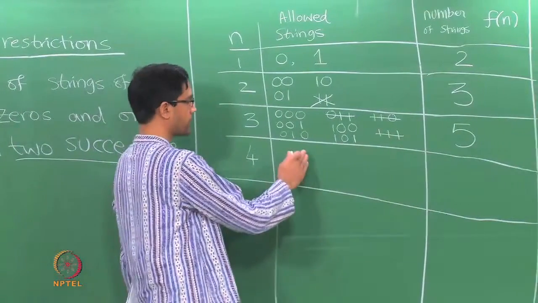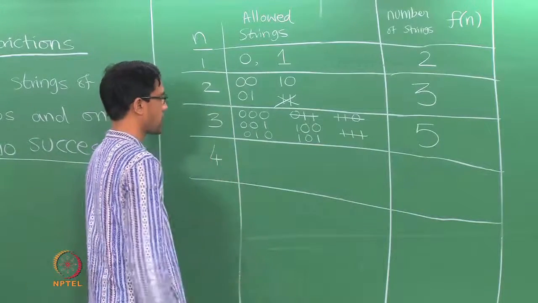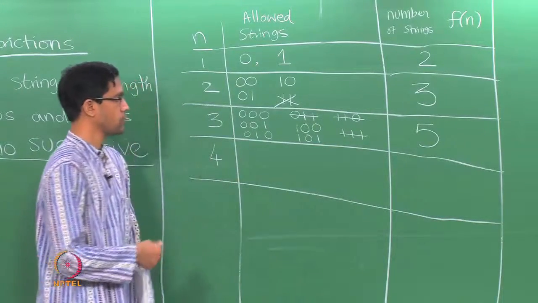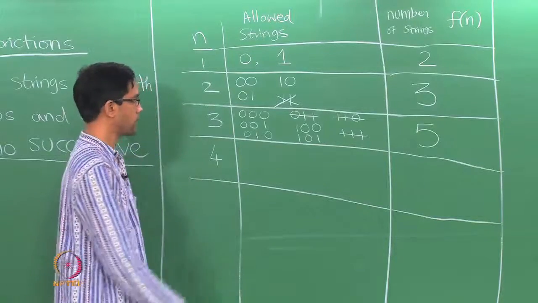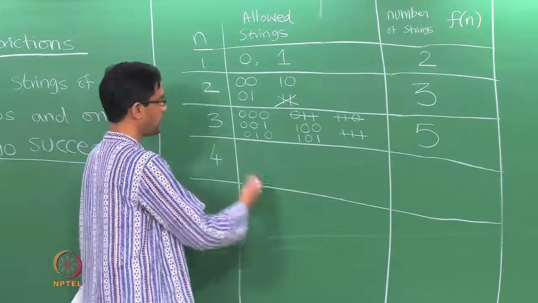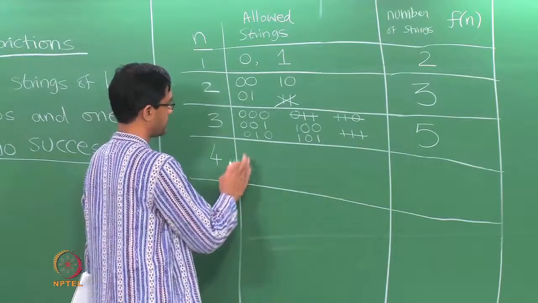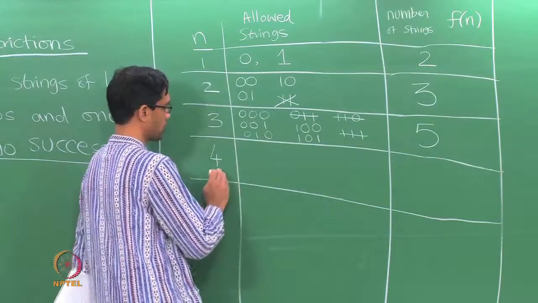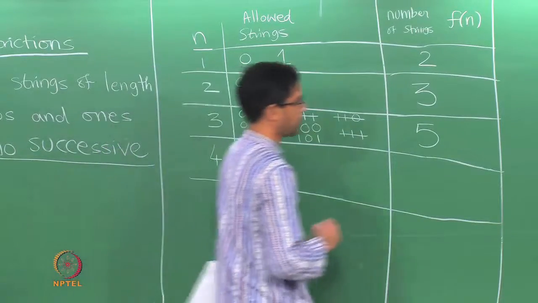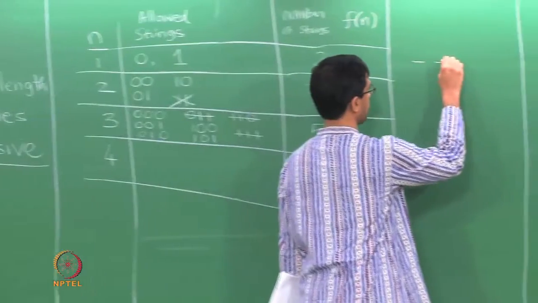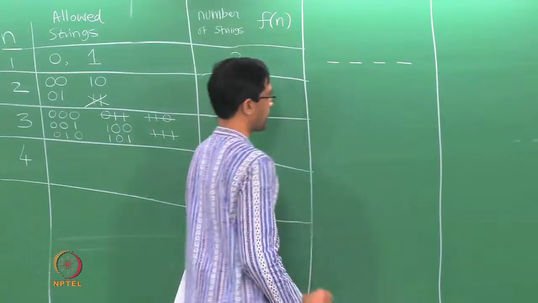Now to really understand what is going on, let us try and do the case n equals 4. As you can see, enumerating these strings gets harder and harder, but let us see the pattern that can be obtained from this. So if you take n equals 4, what you are looking for is a string of length 4 with zeros and ones.